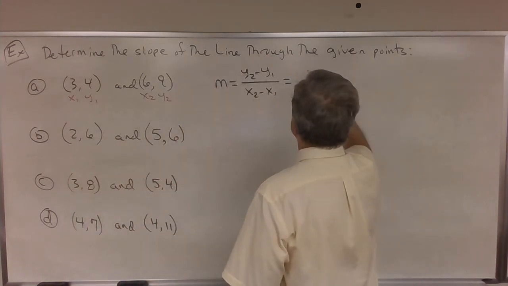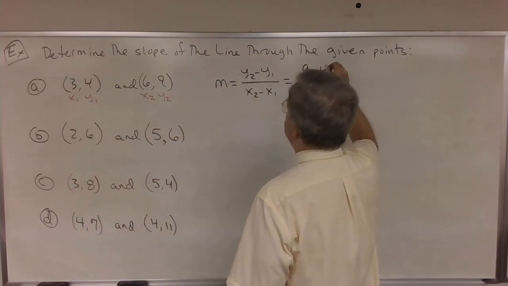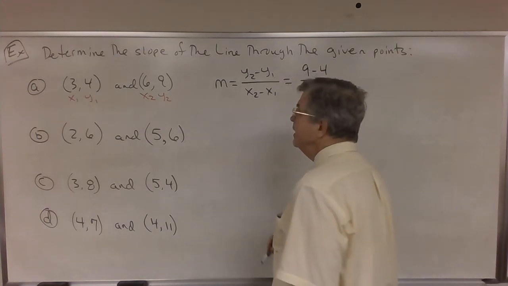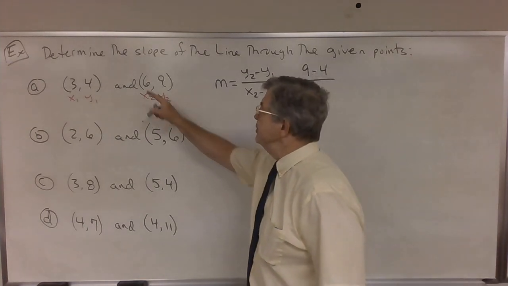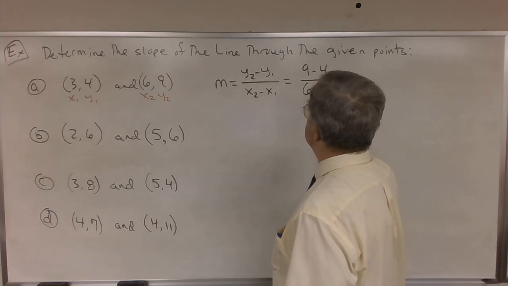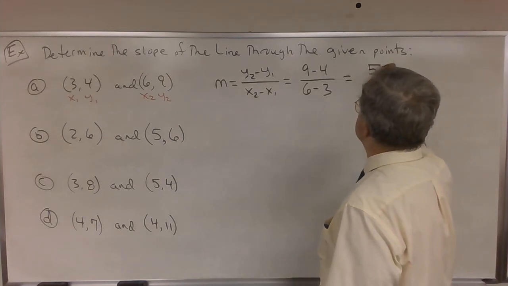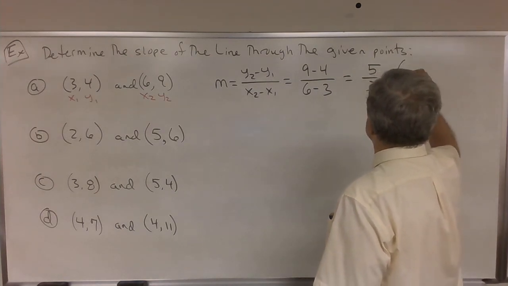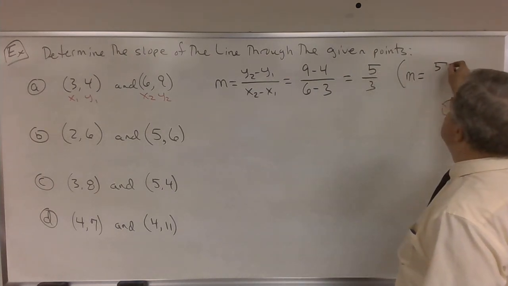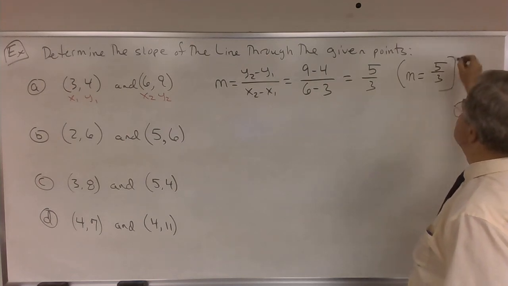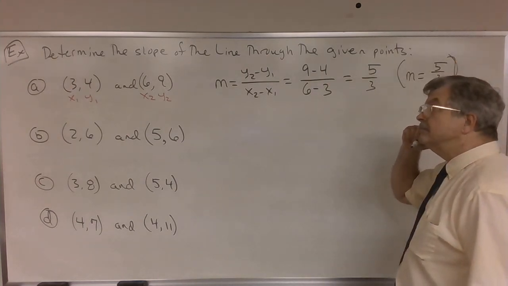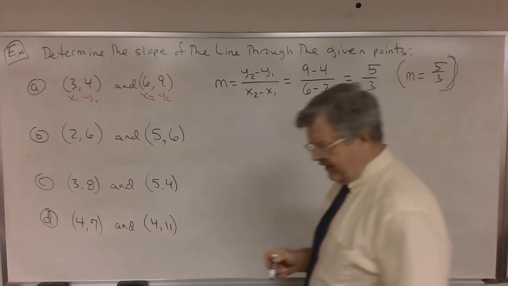So y2 is 9, y1 is 4, x2 is 6, x1 is 3. So the slope is 5/3. Next example.